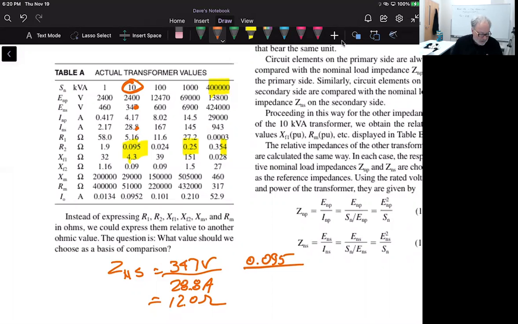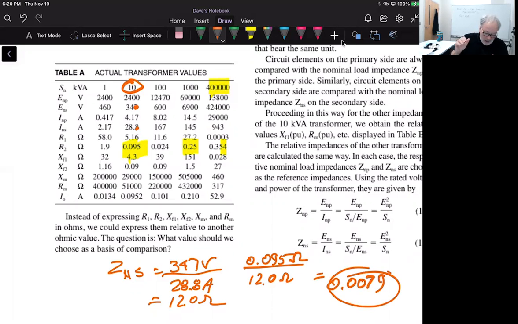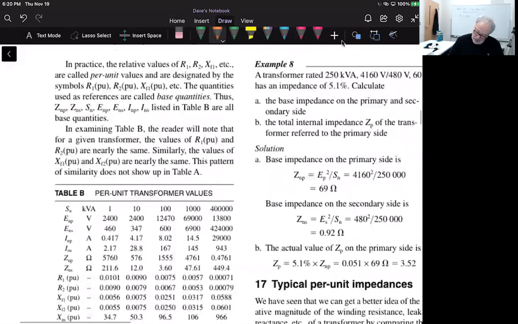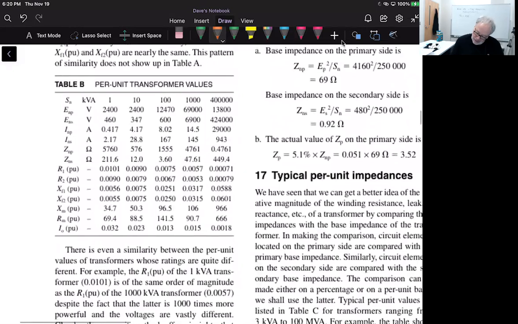We're calling our base 12 ohms. And when we do that, we come up with a number of 0.0079. Now we're going to use that number and plug it in over here in this per unit transformer table, and there's that number right there.